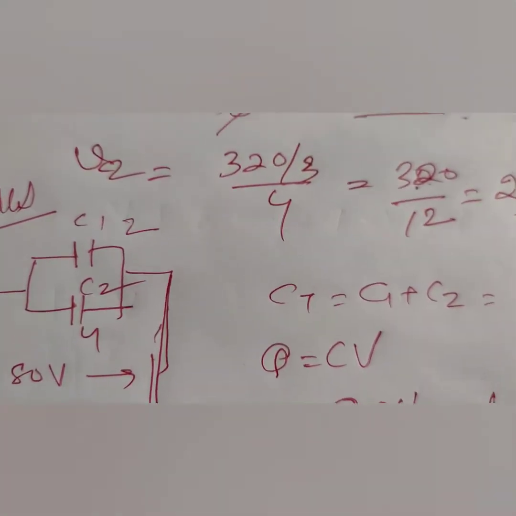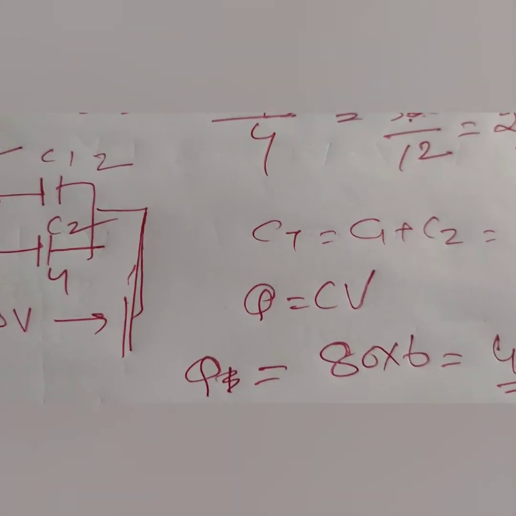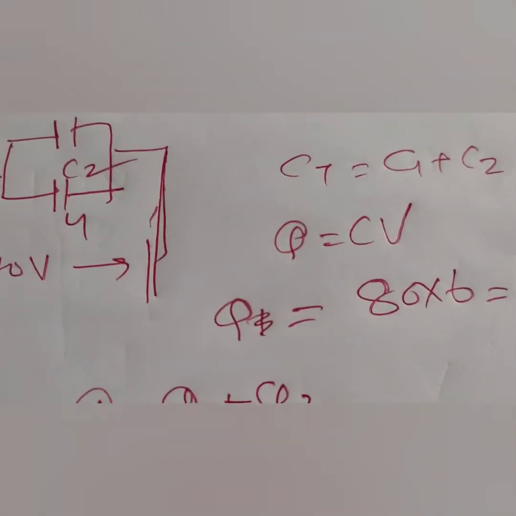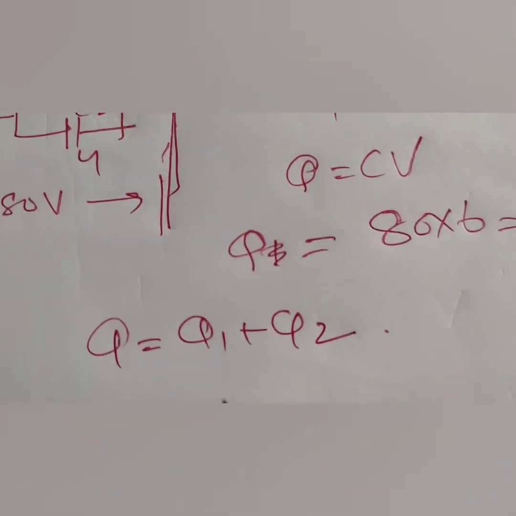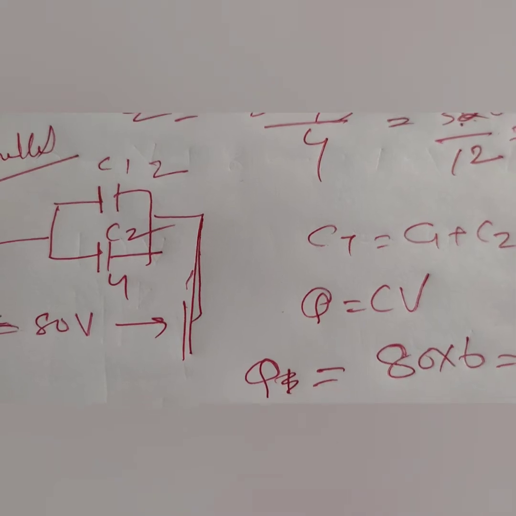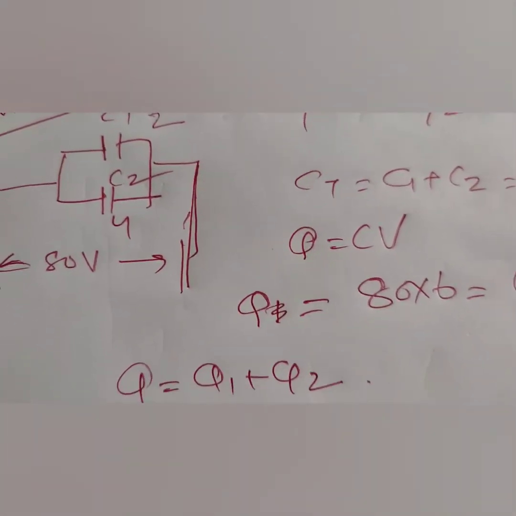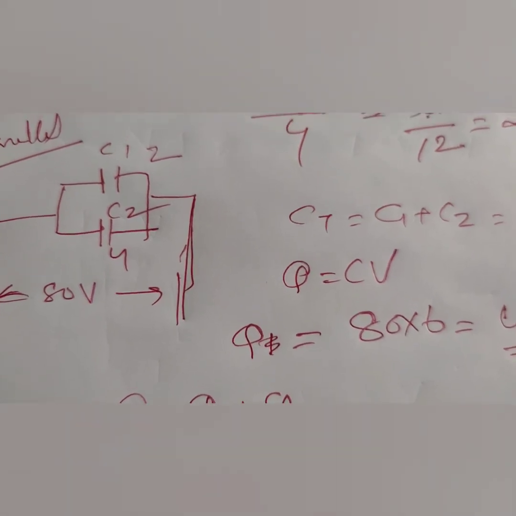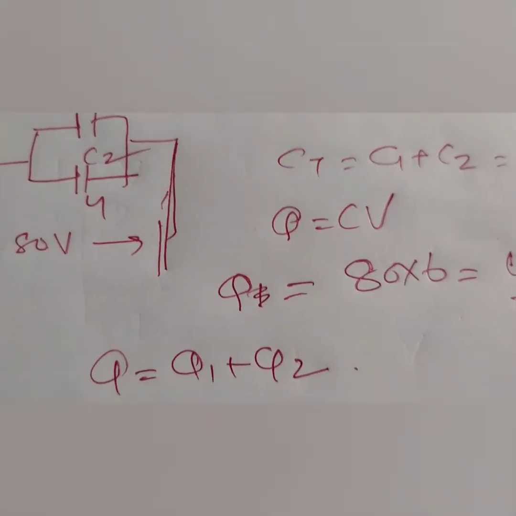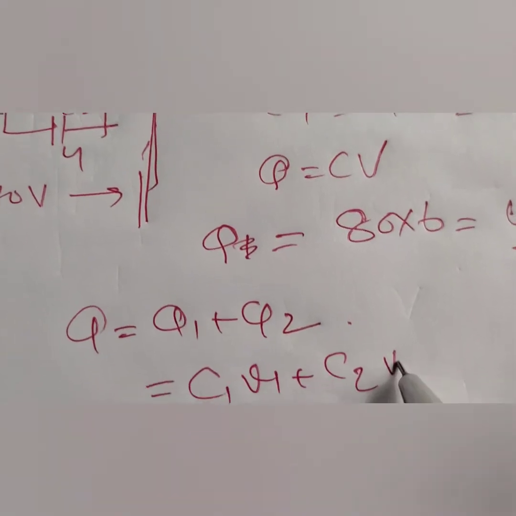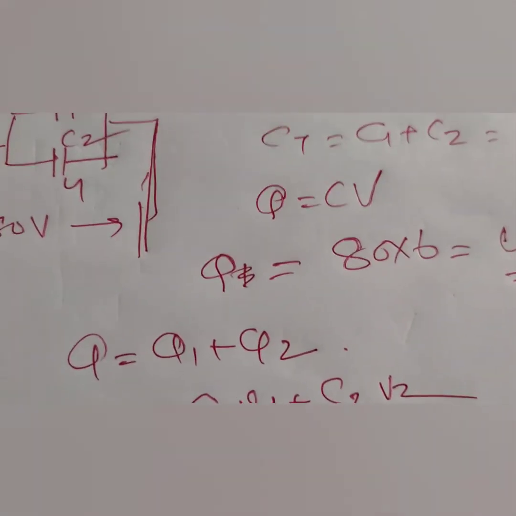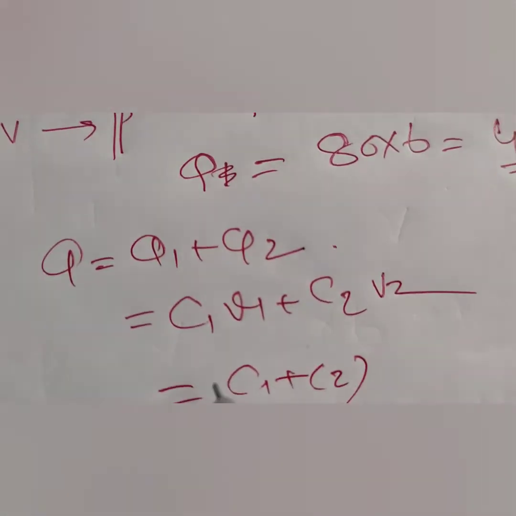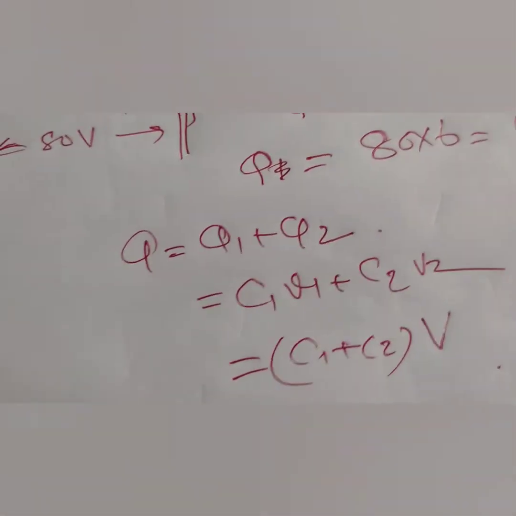And this is divided into 2. Q is equal to Q1 plus Q2, which is C1 V1 plus C2 V2, or C1 plus C2 into V. This is the common potential.